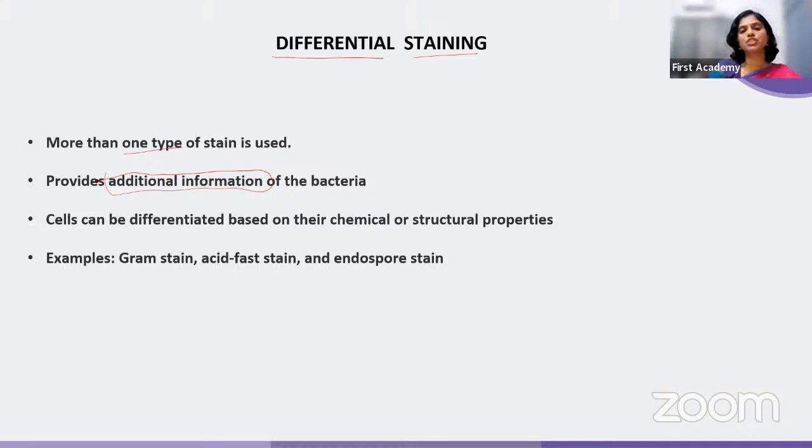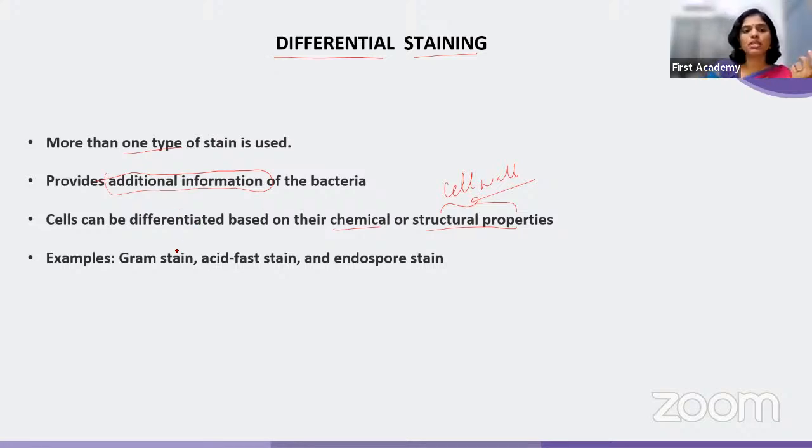Here, we can differentiate them also based on their chemical or structural properties. Mostly when we talk about structural properties, we mean the cell wall structure of the bacteria. Based upon the cell wall structure, we know bacteria can be divided into gram positive and gram negative. So all those differentiations can be studied using a differential staining. That is why the name itself is differential staining, where you can differentiate them based upon their characteristic features, and you will be able to study them in detail.